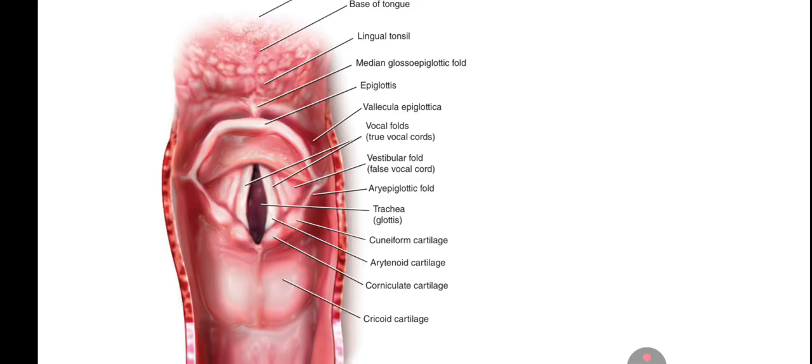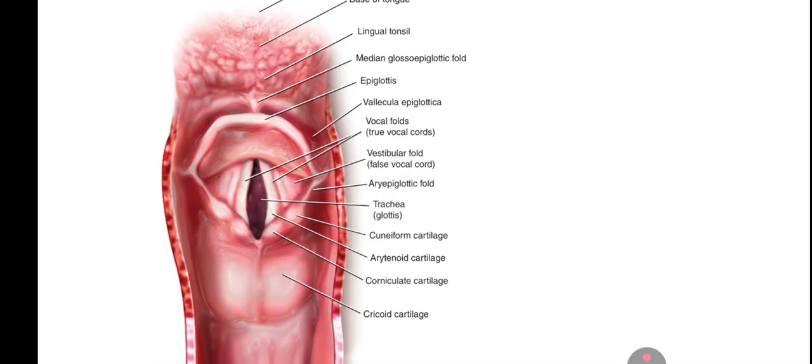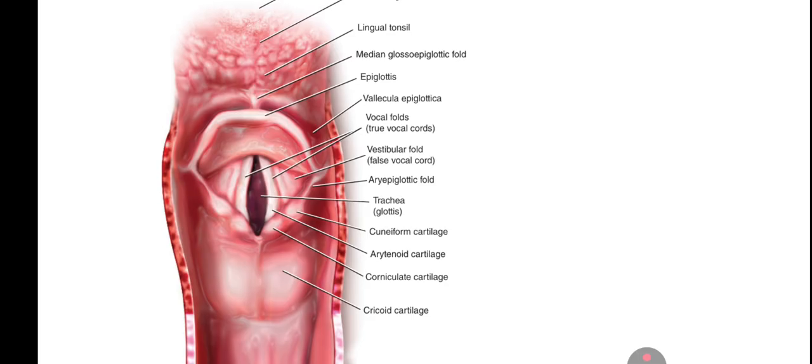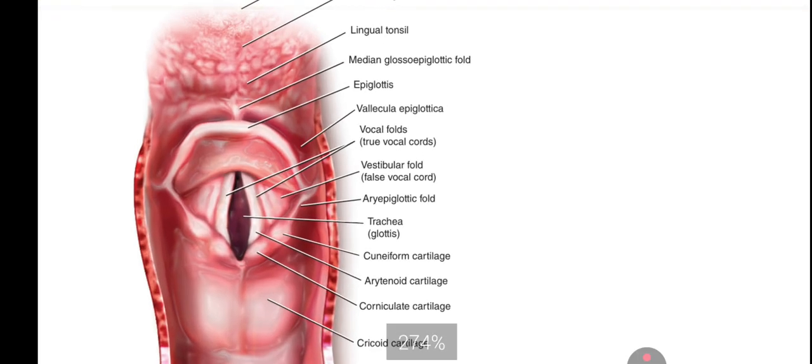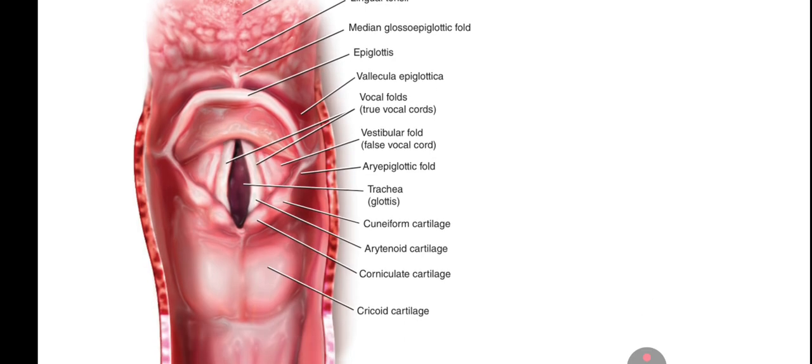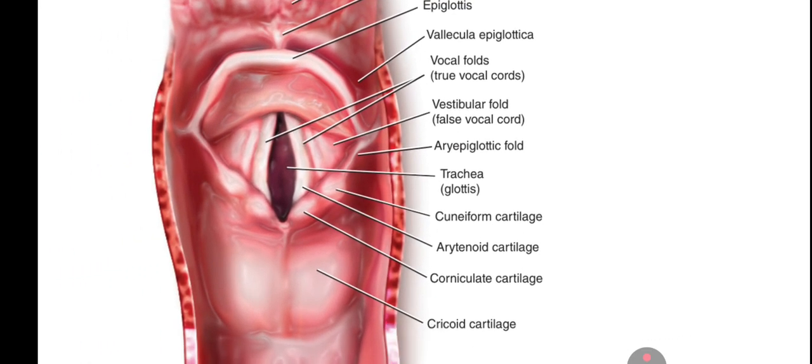And we have here the epiglottis, the true and false vocal cords, the epiglottic folds, the trachea or glottis, cuneiform cartilage, arytenoid cartilage, corniculate and cricoid. This is kind of hard, but I'm going to try my best to explain this. The false vocal cords are located on the sides of the true vocal cords.